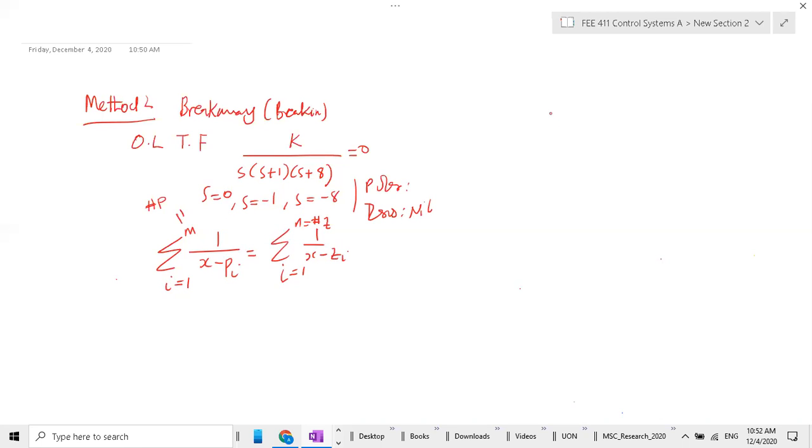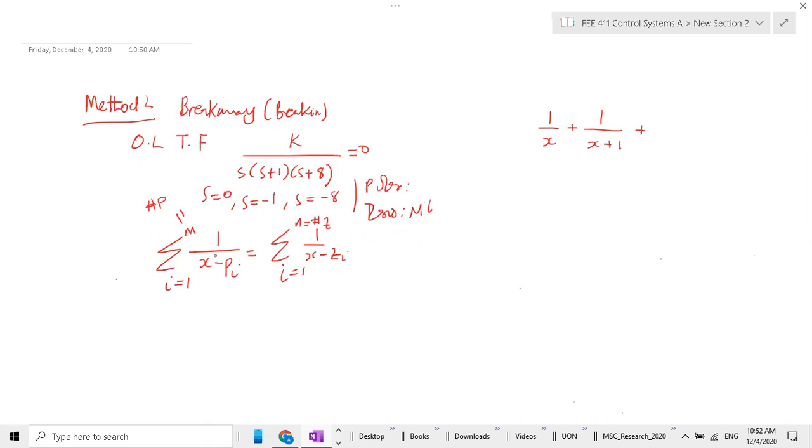For the first one, you say S equals 0, so the pole here is 0, and you just have X. Another one is S equals -1, so you have X minus -1, so X plus 1.